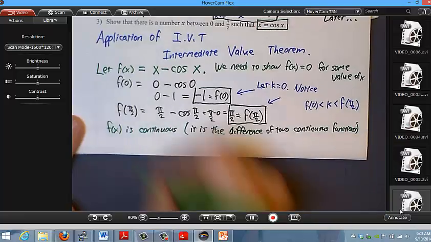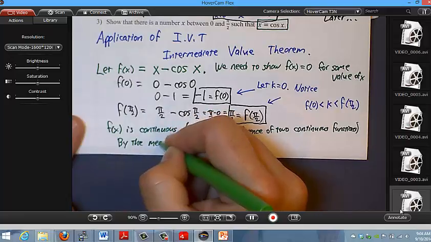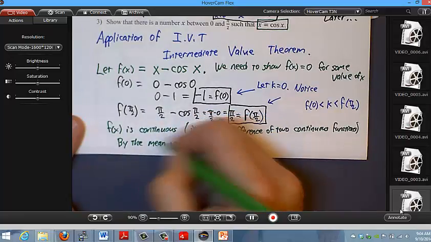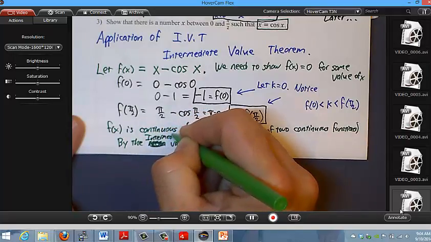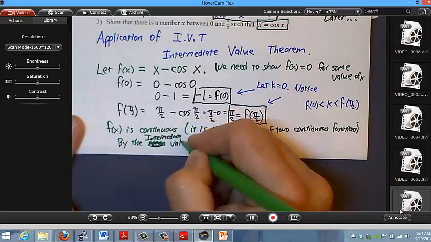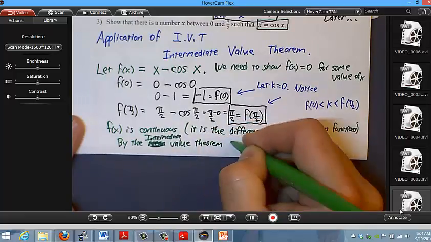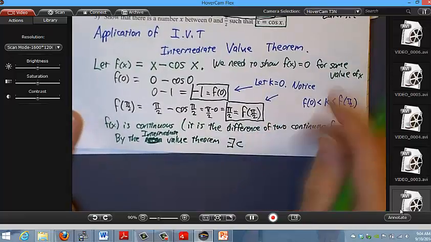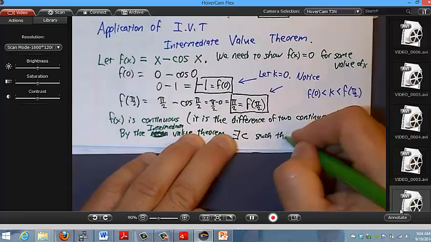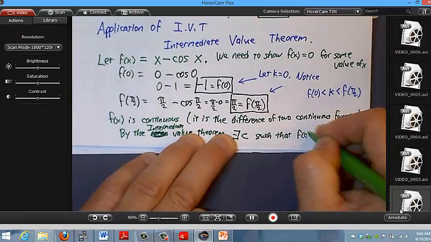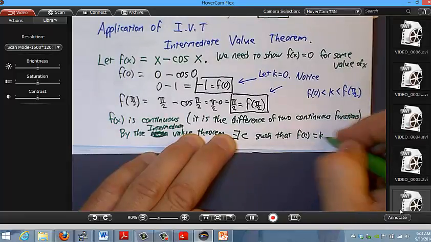Okay? By the mean value theorem, I'm sorry, by the intermediate value theorem, I almost screwed it up, there exists a value c such that f of c equals k, which is 0.